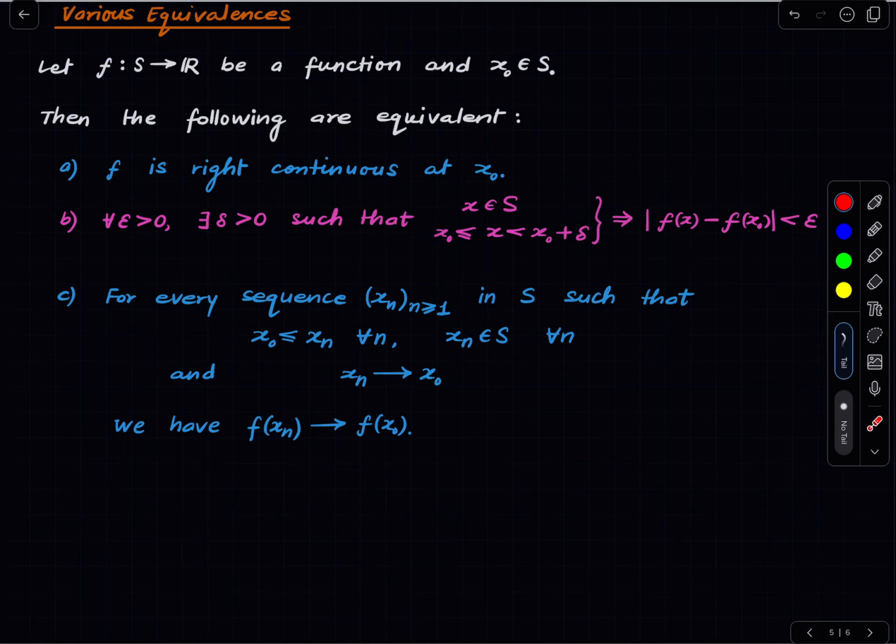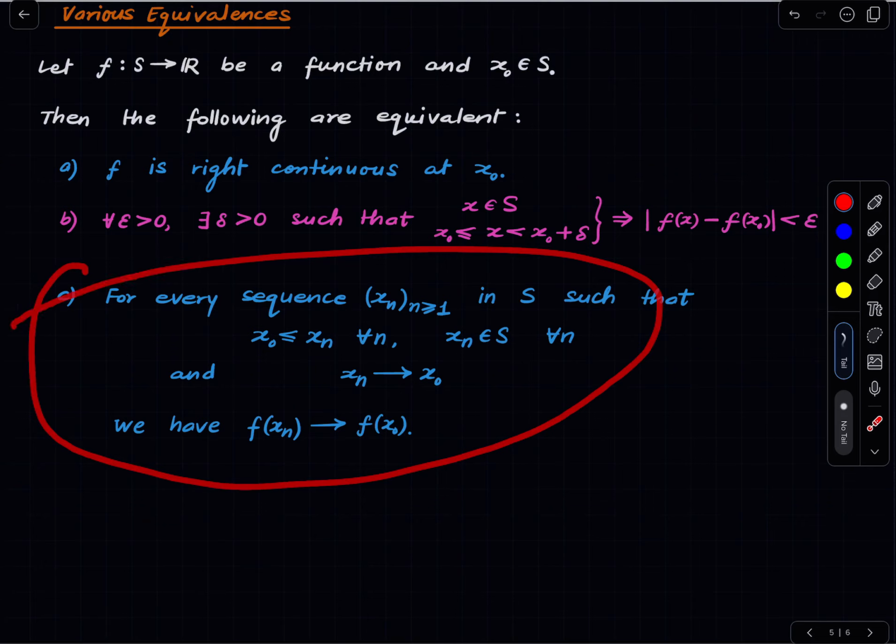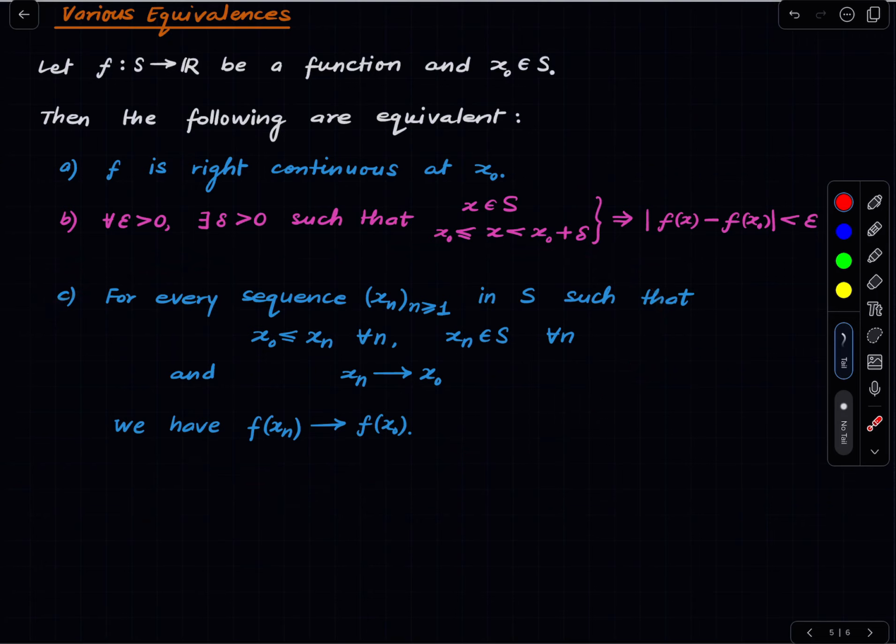And here is the criterion via convergence. When you are converging to the point x0, you are converging with this condition, so you are converging from the right. Each xn is on the right side of x0, is what this says. The rest is what it used to be. These three things are equivalent, and you can prove them the same way we proved the corresponding theorem for continuity at a point. There's no point repeating those proofs.